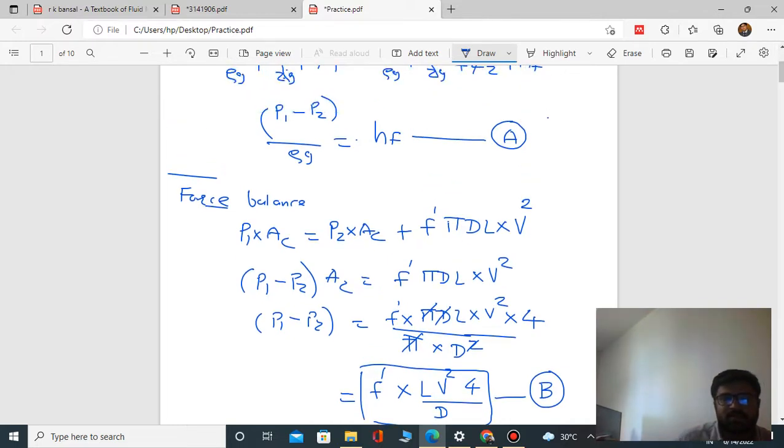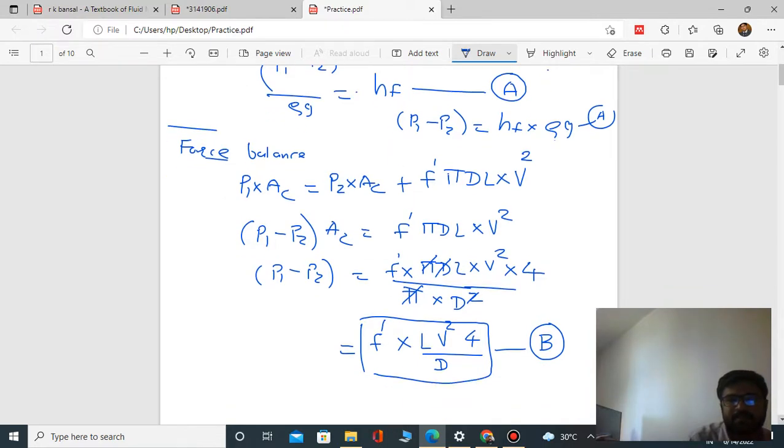According to equation A, what is P1 minus P2? P1 minus P2 is equal to HF into rho g. And what is it according to force balance? P1 minus P2 is equal to F dash, 4 L V square by d.